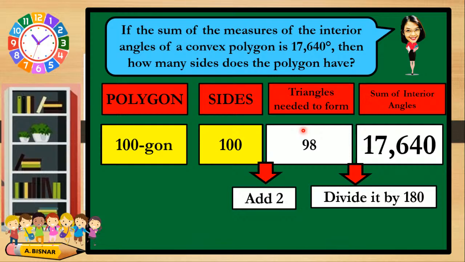It's just that it's very long if we're going to memorize all of it. Okay. Gets po? Gets ba? Gets? Gets na gets.